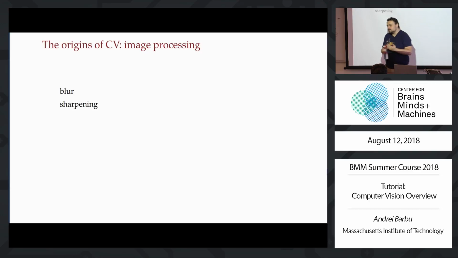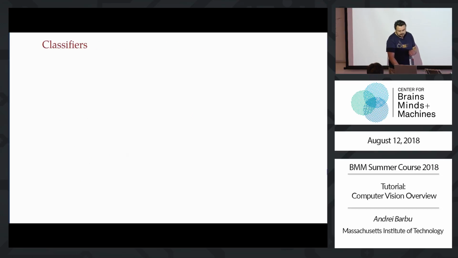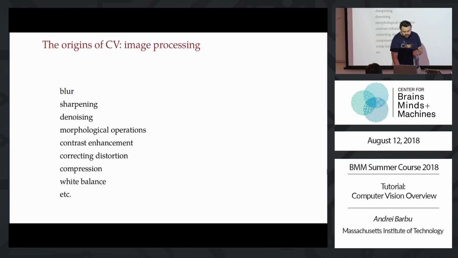Some of the simplest things that you can do to an image, that are not at all surprising to anyone that does signal processing, is you can blur it, you can sharpen an image. We'll come back to some of these. It turns out that if you start off with an image blur, you can express this blur as a convolution.